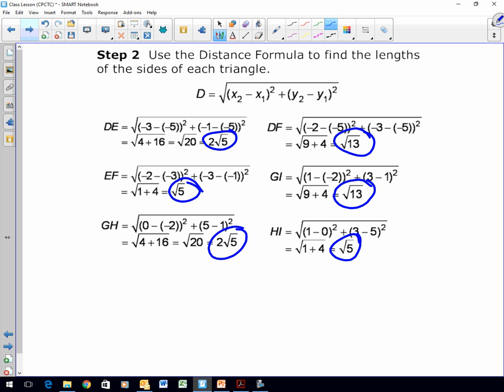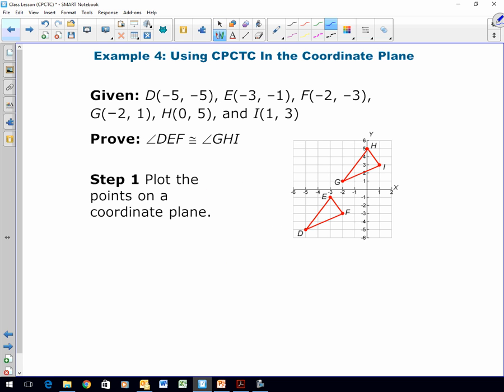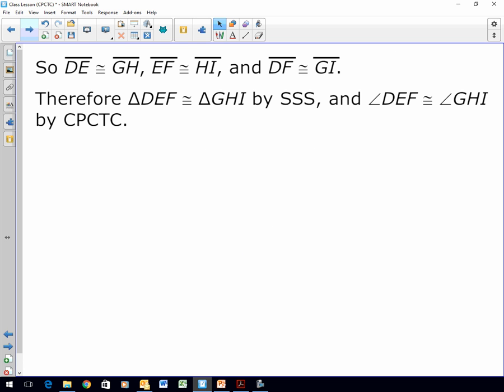HI and EF have the same measurement. Side, side, side. Yep, two different triangles, three pairs of congruent sides. I would be able to conclude they're congruent.